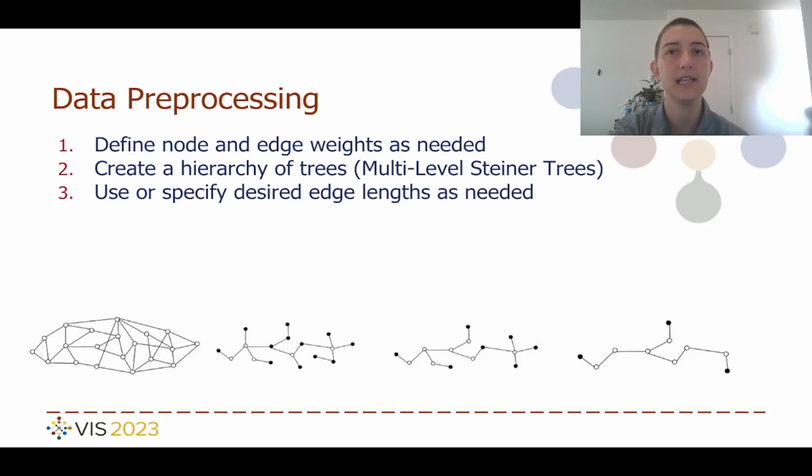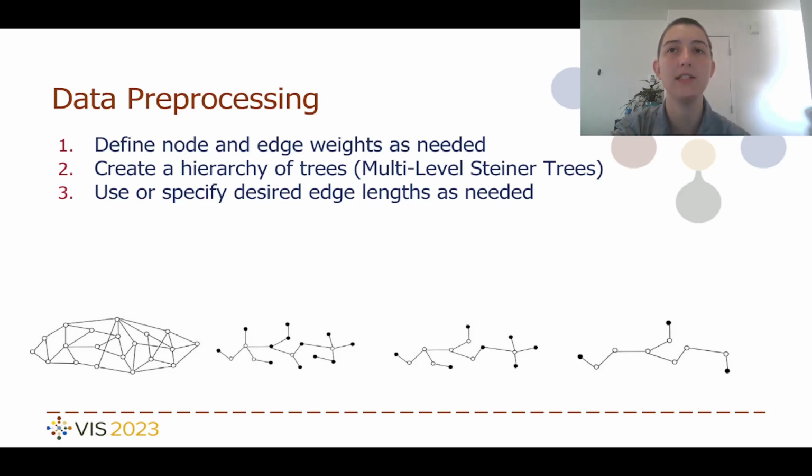Before we can get to the layout algorithm, we need to spend some time pre-processing the data to create a multi-layer representation of the input graph. Many graphs already come with node weights and edge weights, but if the graph is unweighted, we assign weights based on standard measures. A multi-level Steiner tree algorithm extracts a suitable hierarchy of trees, with the input graph on the deepest level and progressively smaller representations on the levels above.